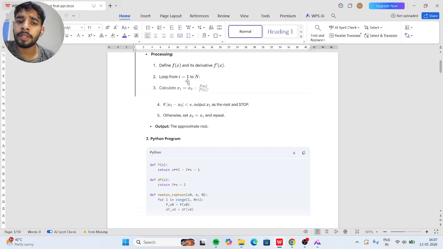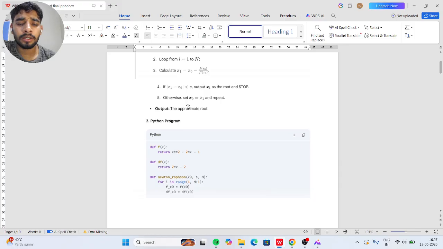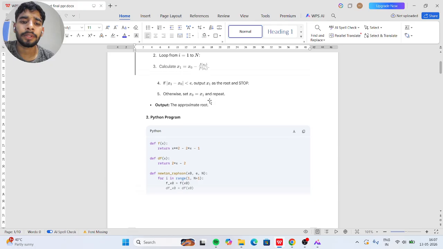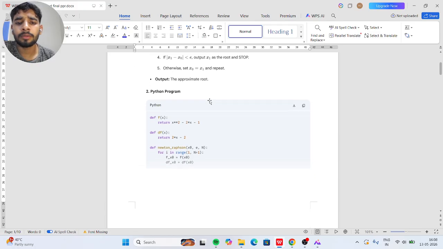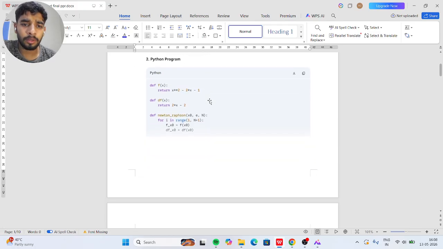Start the loop from i = 1 to n and calculate x1 = x0 − f(x0)/f'(x0). If |x1 − x0| is less than e, output x1 as the root and stop. Otherwise, set x0 = x1 and repeat. Output the approximate value. Now we will go to the program.